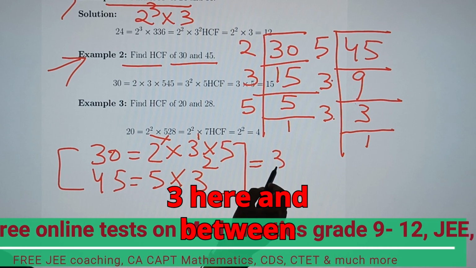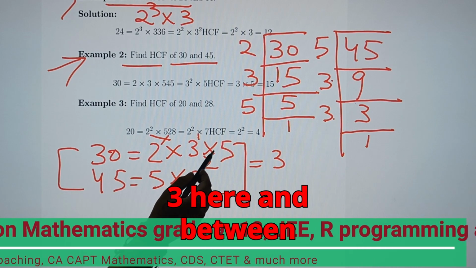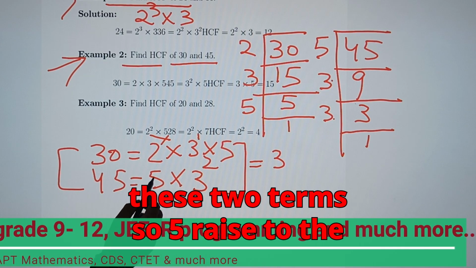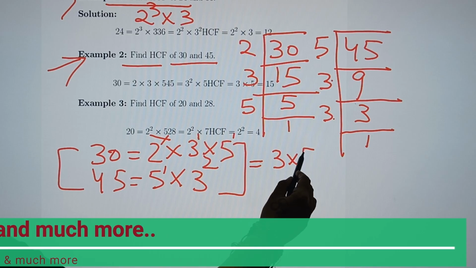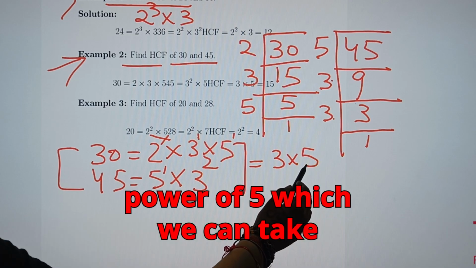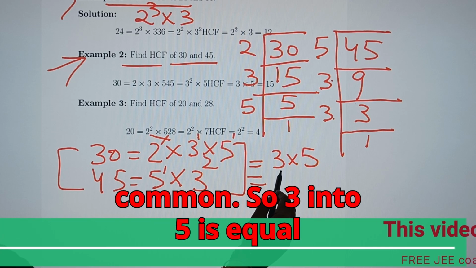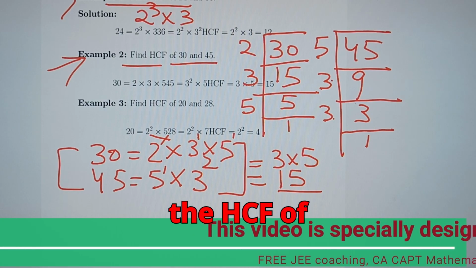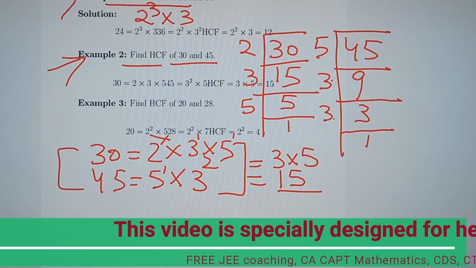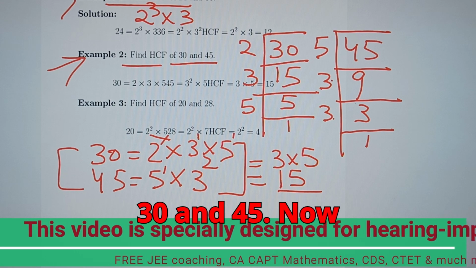So we will write 3 here, and between these two terms, 5 raised to the power 1 is the least power of 5 which we can take common. So 3 into 5 is equal to 15. 15 is the HCF of 30 and 45.